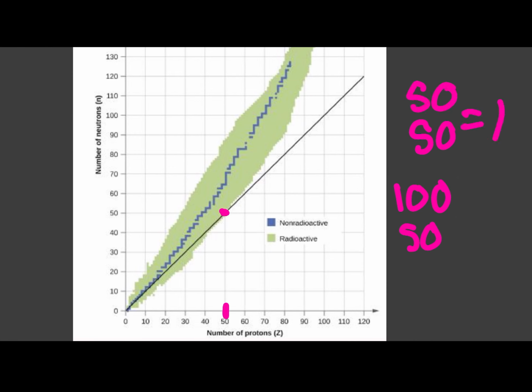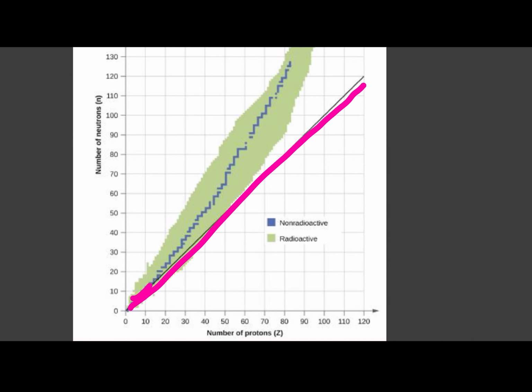This is still in the radioactive zone. So as we move on to the practice problems, you will see, actually I'm not sure if we will see it, but we need to just keep this in mind as we do more complex problems in the future, as the band of stability does stray away from the ideal 1-to-1 ratio.